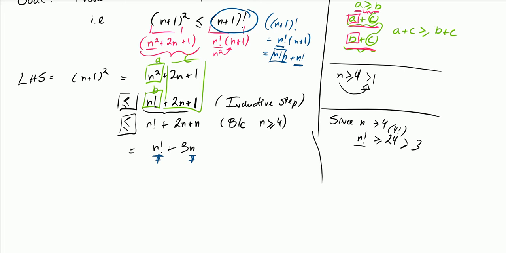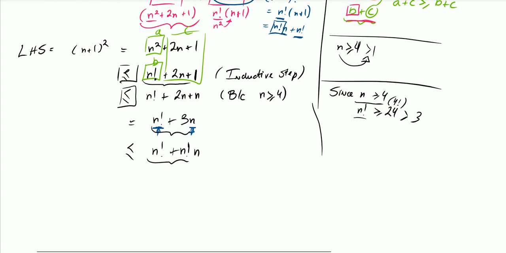So I can say that n factorial plus 3n is less than or equal to n factorial plus n factorial times n. Because I just said that since n is at least 4, then n factorial is at least 24. So strictly speaking, n factorial needs to be greater than 3.